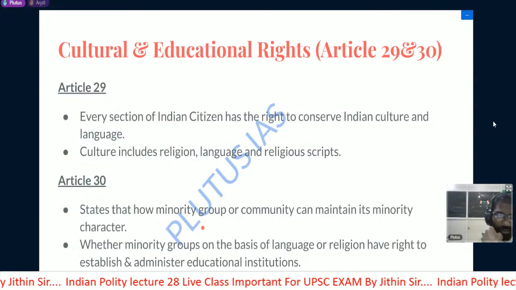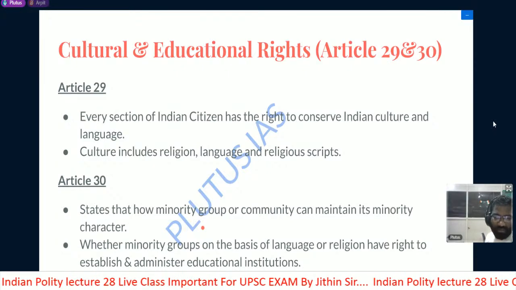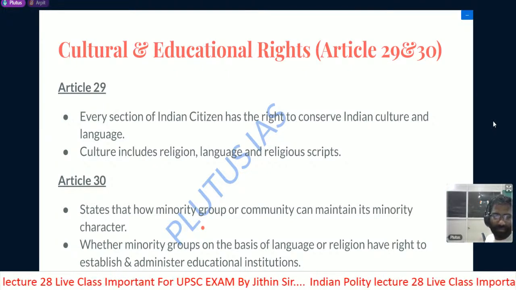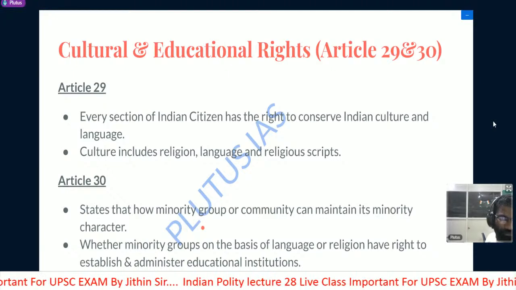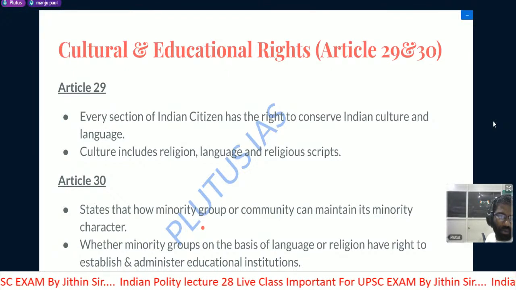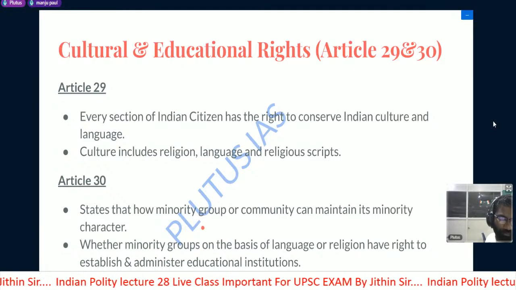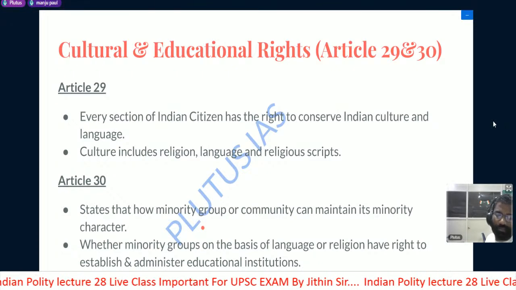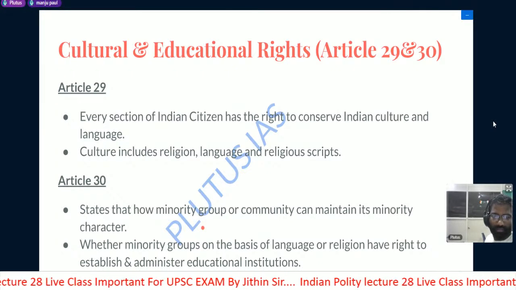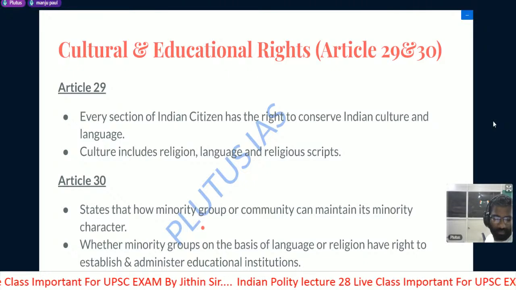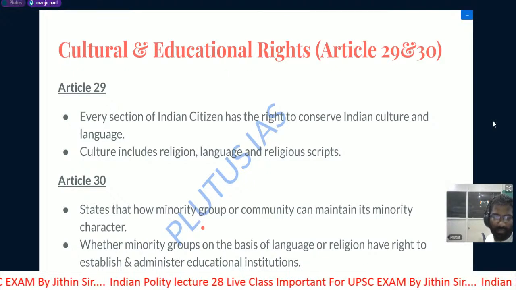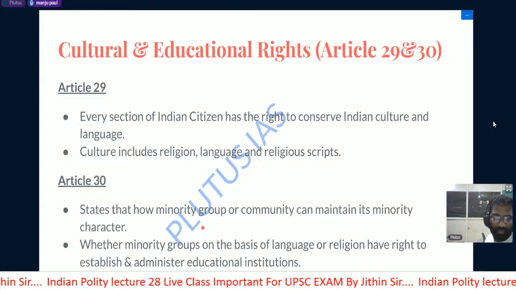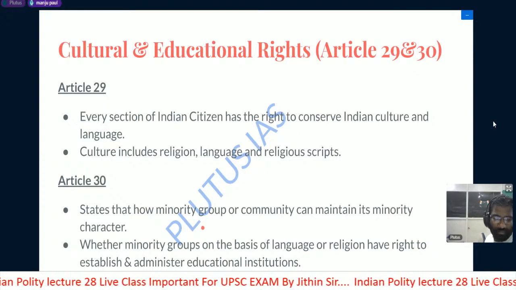Manju, what was Article 15 of Indian Constitution? Yes, sir. Article 15 states that the state cannot discriminate on the grounds of religion, caste, place of birth, sex, along with any other grounds.